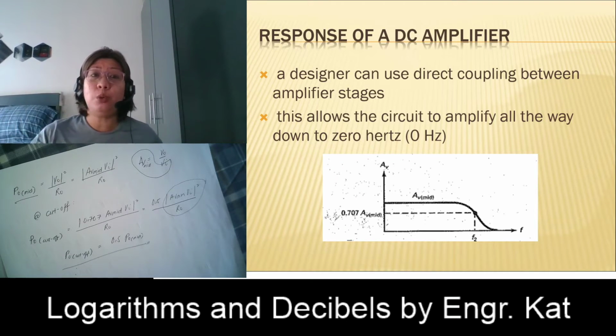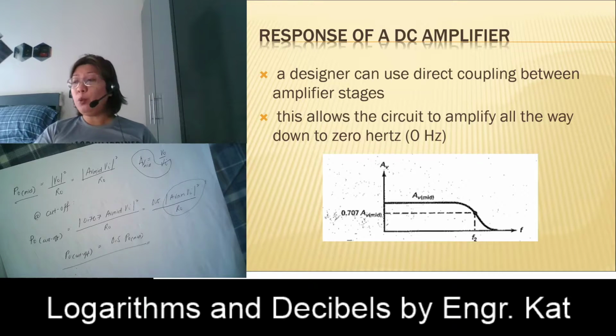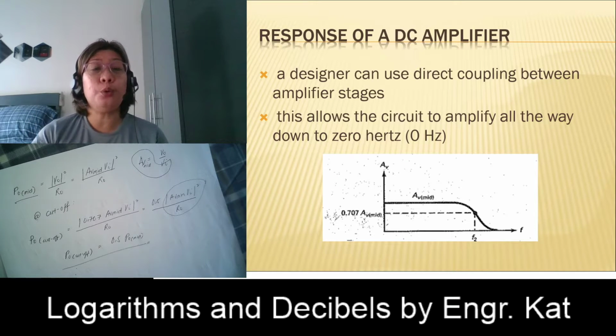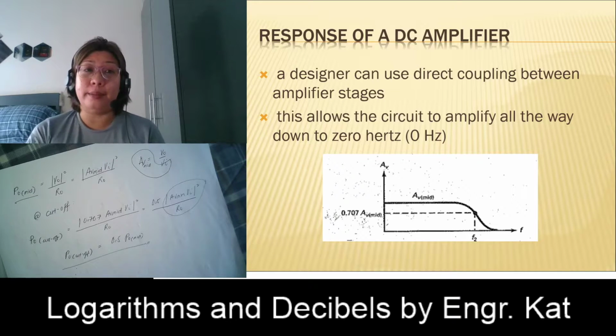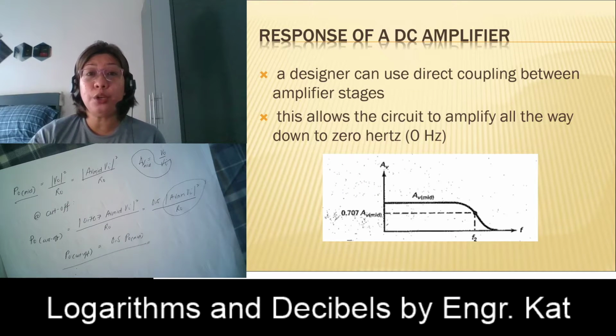We will not be using a coupling capacitor, whereas we are going to make use of a direct wiring. In that case, there will be no capacitor that will dictate the lower cutoff frequency.